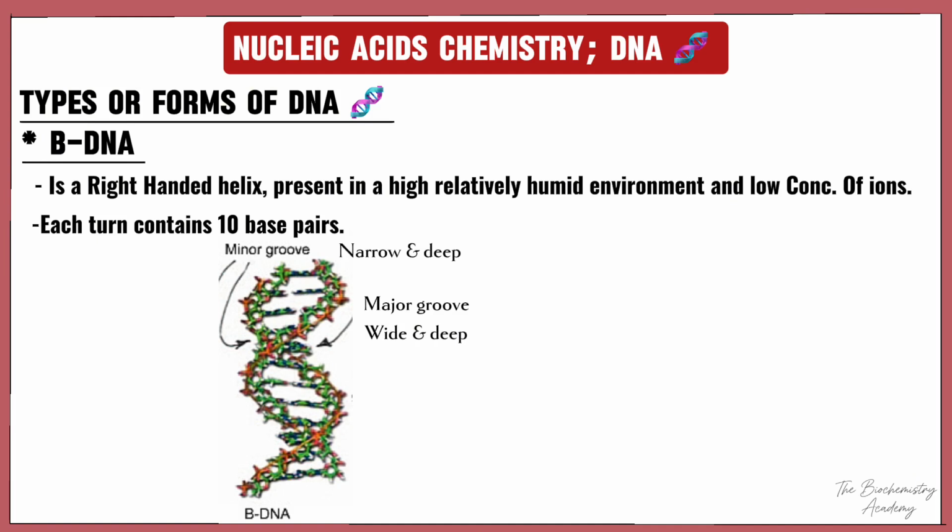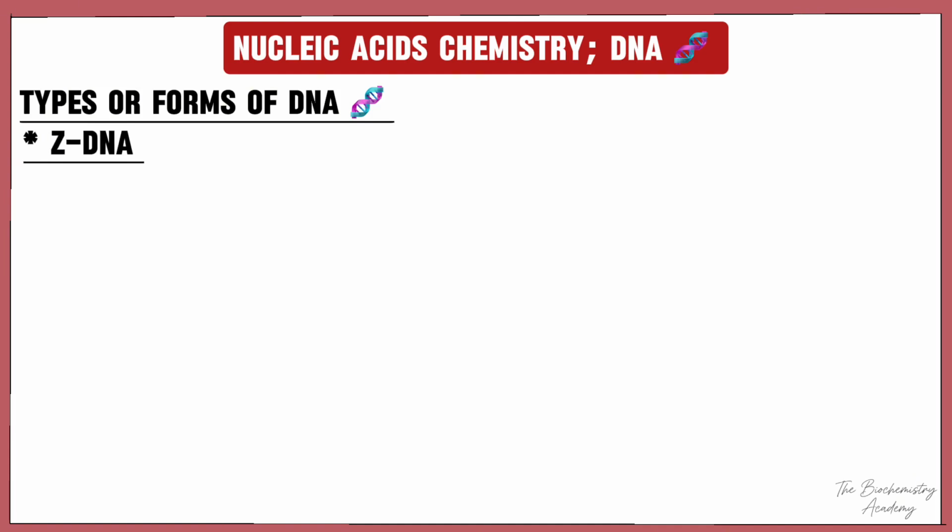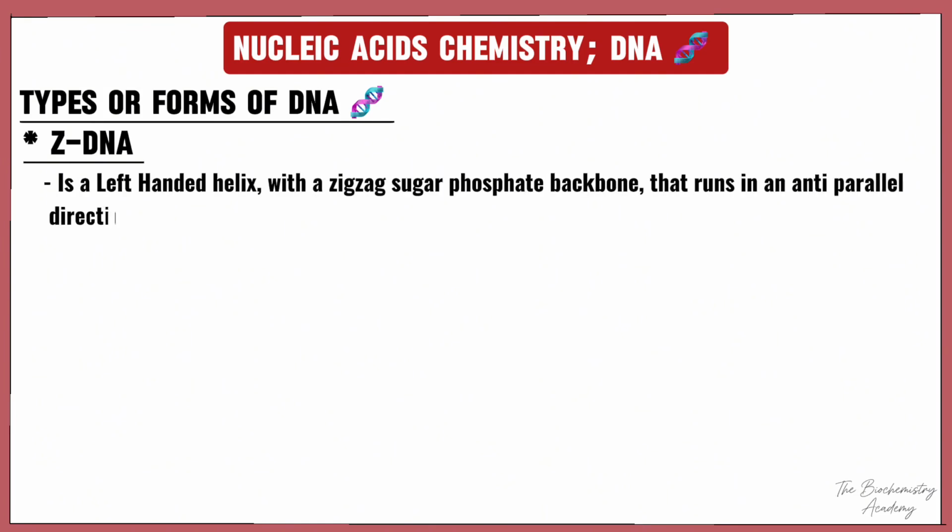Next, we'll talk about the Z form of DNA. Now, the Z form of DNA is a left-handed helix. They have a zigzag sugar phosphate backbone running in an antiparallel direction. The reason for this zigzag form is because of the sequence in it and the alternating purine to pyrimidine on it.